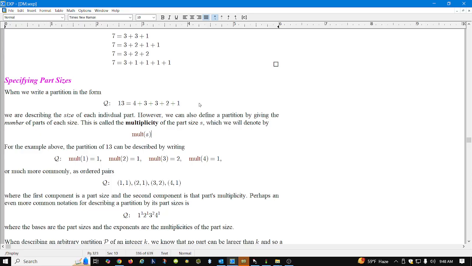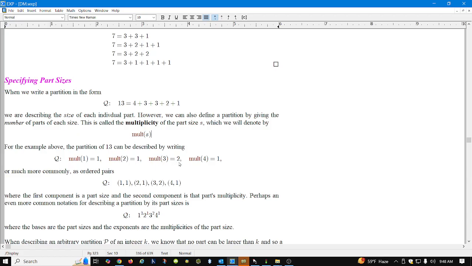So in this partition, we could have defined it by saying the multiplicity of 1 is 1, meaning there is one term equal to 1. Multiplicity of 2 is 1, meaning there's one part equal to 2.